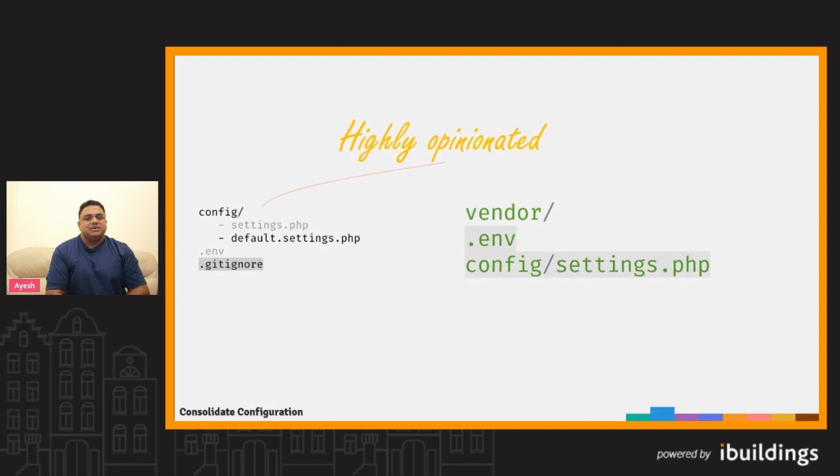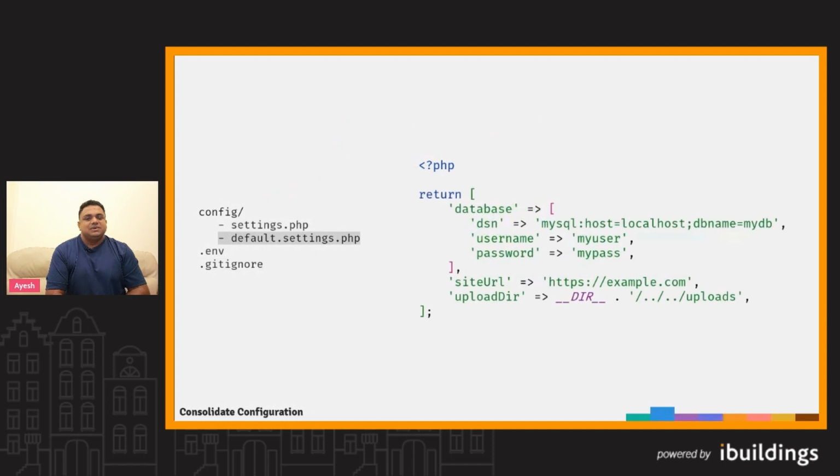And like I said, this is highly opinionated. But the general idea is we have a settings.php file that will contain all of the configuration values. Everything that belongs to this application, we put in the same file. Don't worry if the file gets too big. If you have 200 configuration values, we will deal with this later.